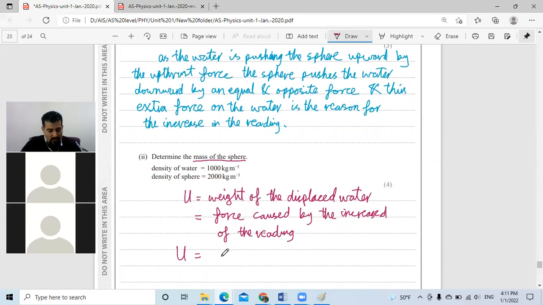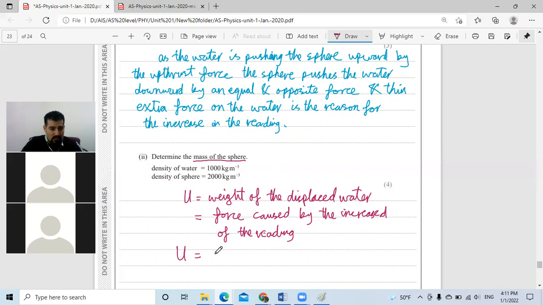It's 150 grams, صح? So that means the mass of the water displaced. Yes, give me values لو سمحتوا.